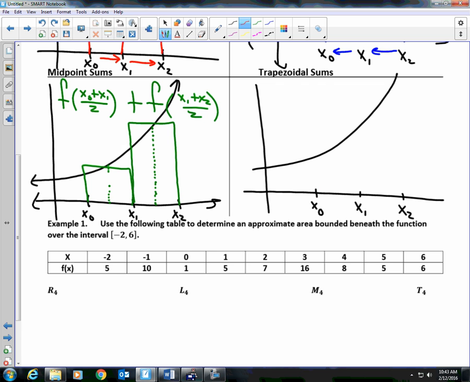My left-hand sum looks like the red, correct? My right-hand sum looks like the blue, correct?